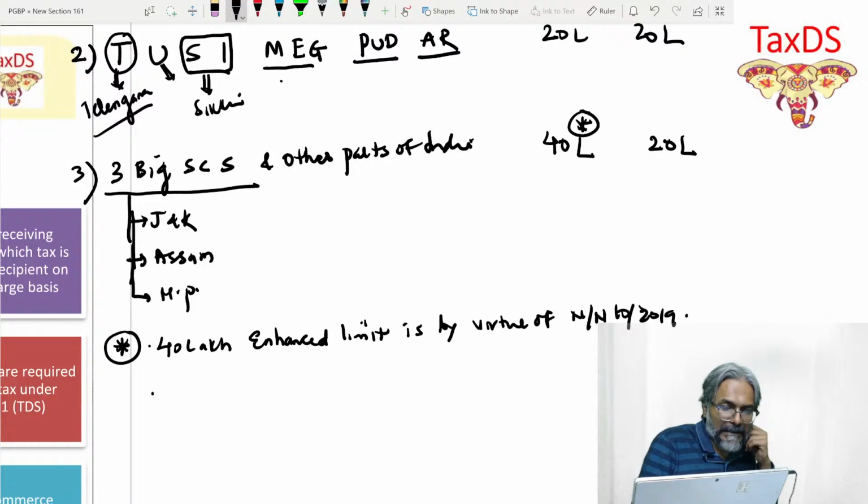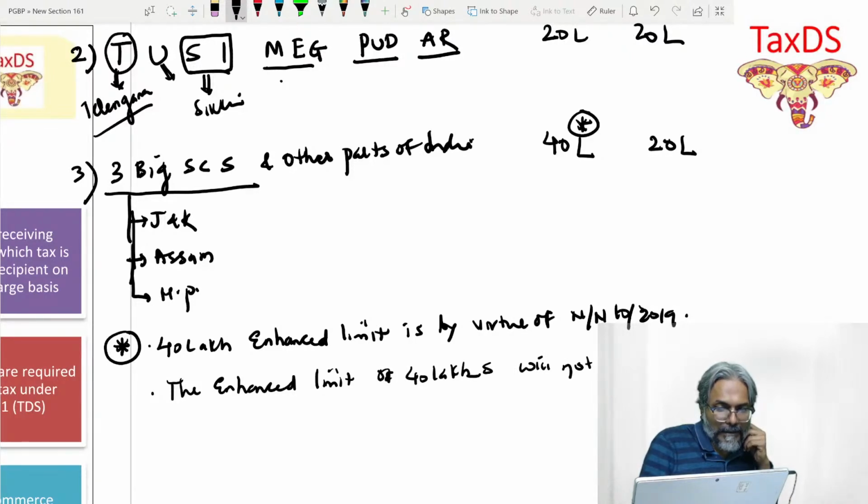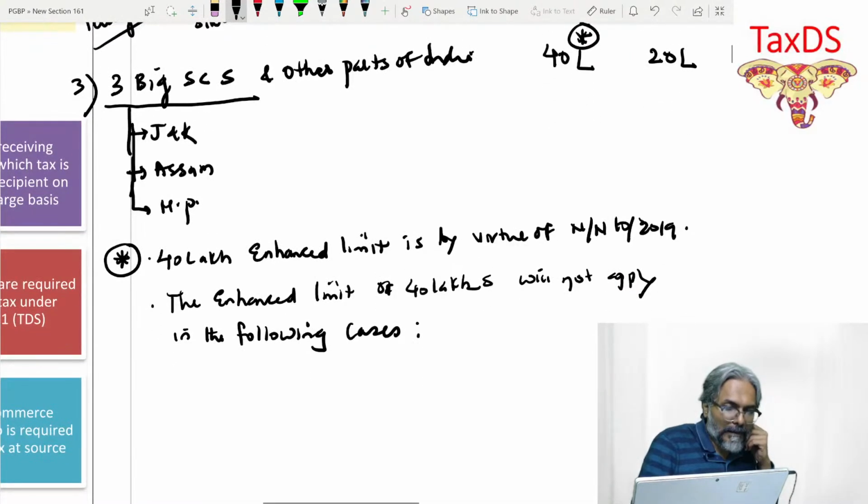Next, students, you will write: the enhanced limit of 40 lakhs will not apply in the following cases. Which are those cases, students?